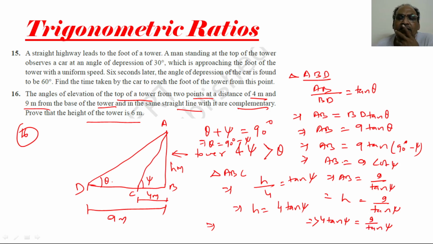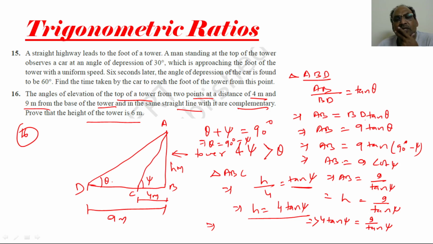Let us check once again. So in ABC, h by 4 is equal to tan psi. So h is equal to 4 tan psi we have written. Then AB by BD is equal to tan theta.